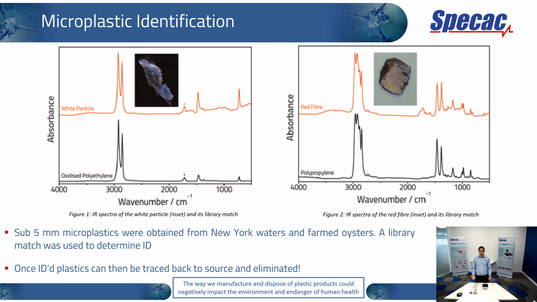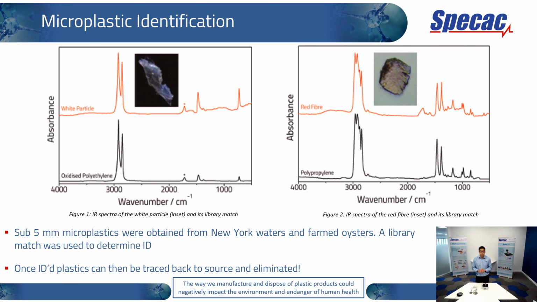Okay, so I hope you liked that video featuring our one and only Dr. Andrew Davis, our application scientist, looking at how we can correctly use the DC3 diamond compression cell and also a very nice application towards the end of microplastics. So carrying on with the topic of microplastics, in this particular application we use the microscope and DC3 to analyze New York waters, so river water, and farmed oysters to identify the contaminants within it.